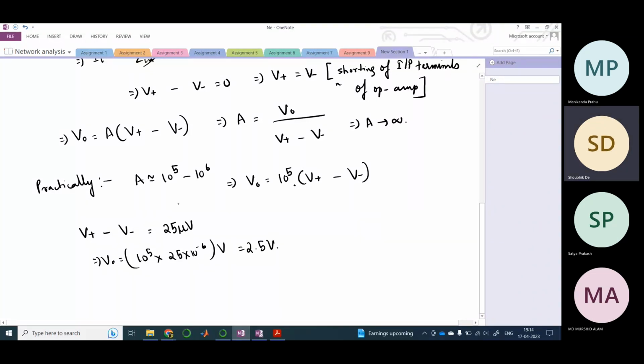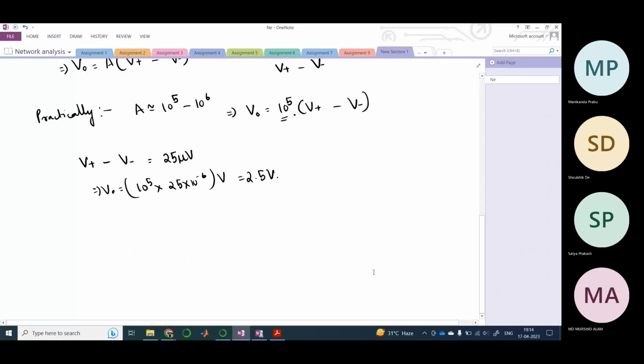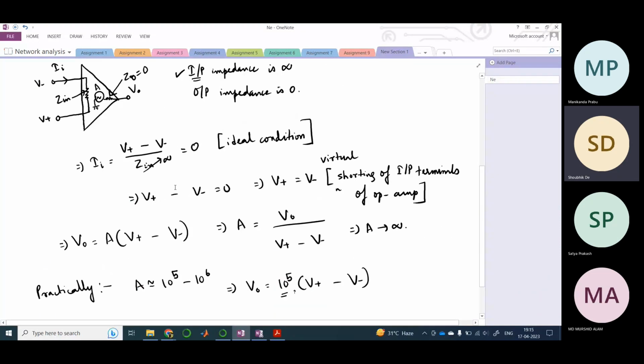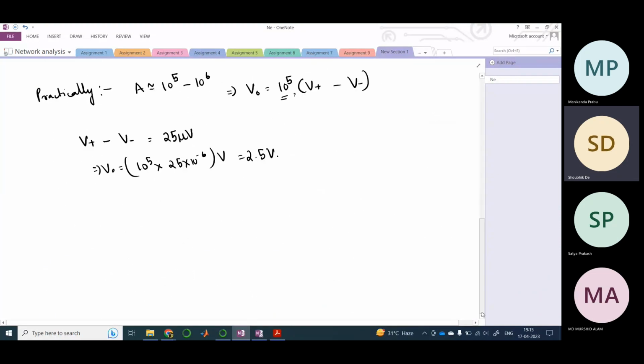That is why we apply a feedback configuration, a path connecting input and output, so as to reduce this large gain. Why? Because plus VCC and minus VCC have a role to play. For example, let's say the difference between the inverting and non-inverting input terminals is 0.5 volts.